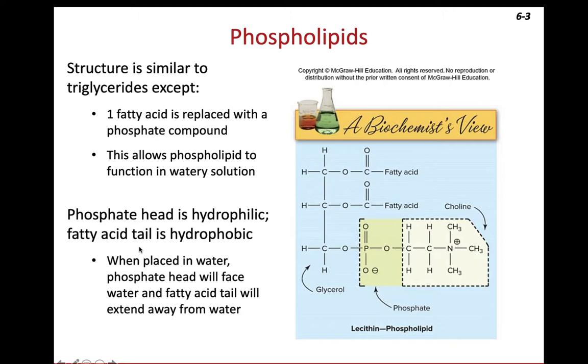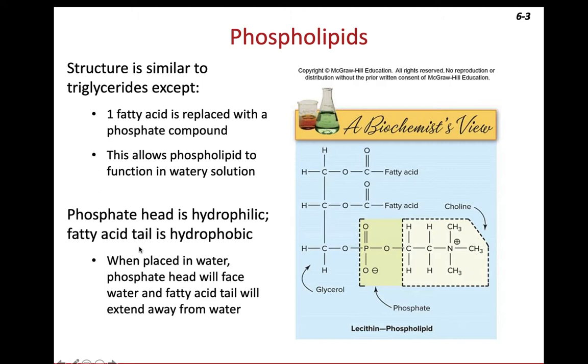Now, phospholipids are similar to triglycerides, except they have one fatty acid that's actually replaced with a phosphate compound. And so this actually allows phospholipids to function in a watery solution. Most substances we consider to be either polar or nonpolar.